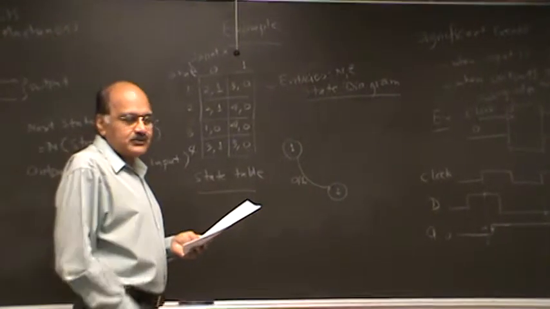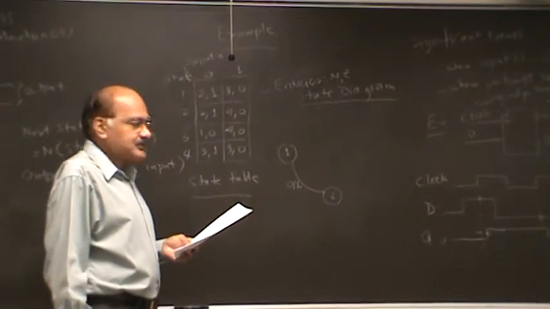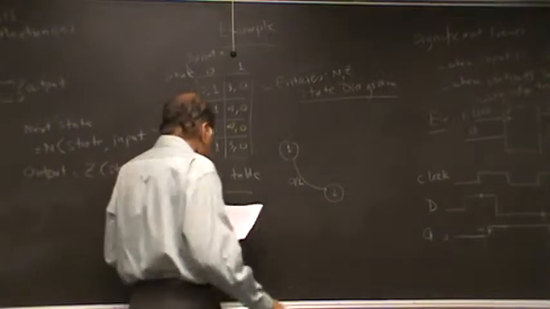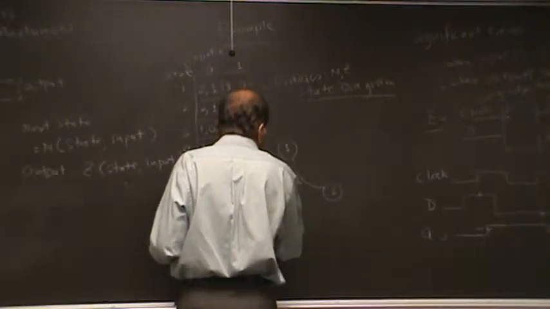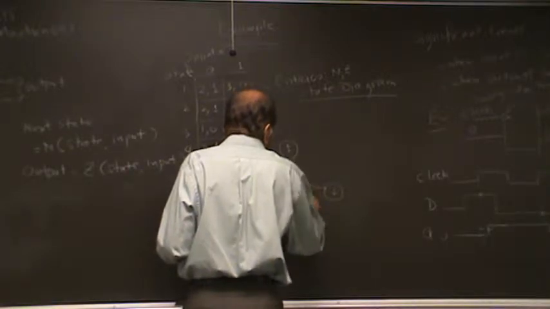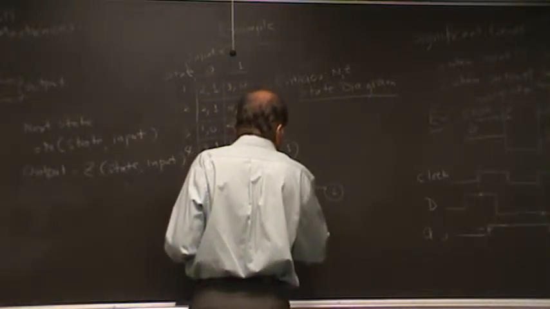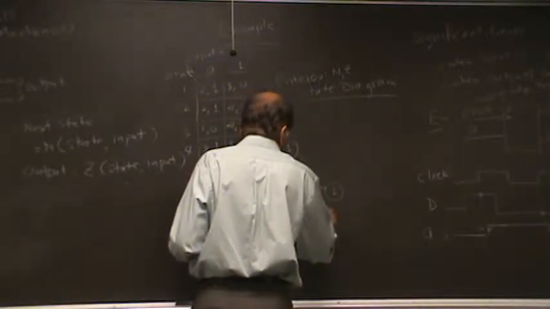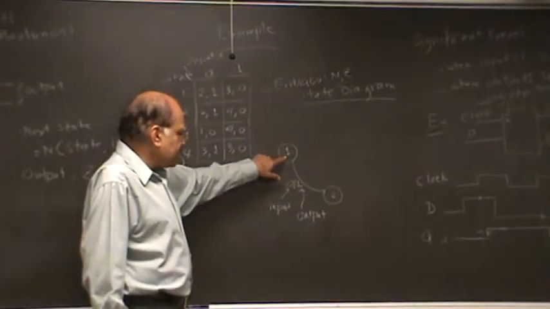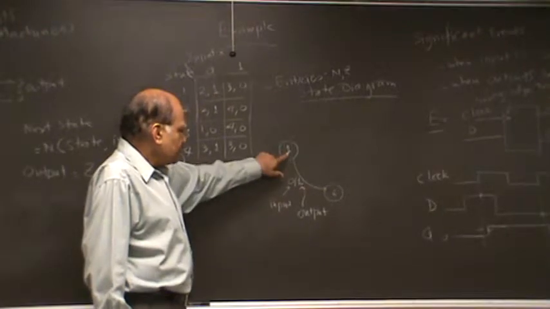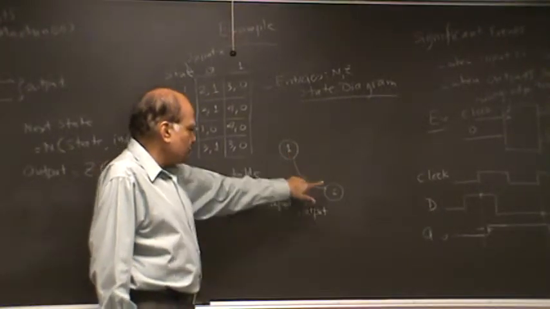Now, different people use different formats. This is what a lot of people do. So basically, we are saying that this is the input, and this here is the output. So notice what we are saying here is that when input is 0, you will go from state 1 to state 2.